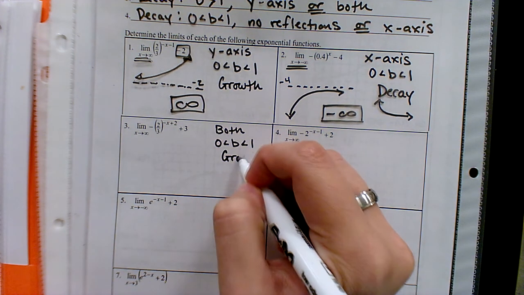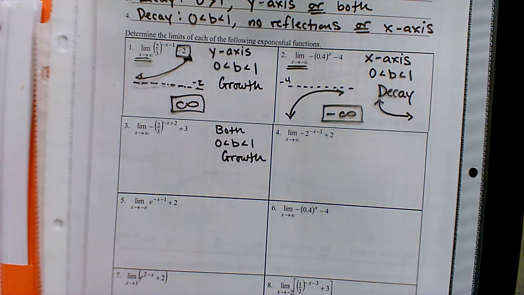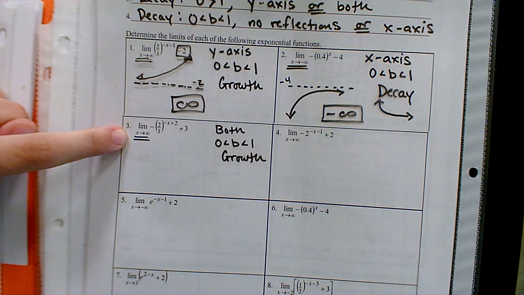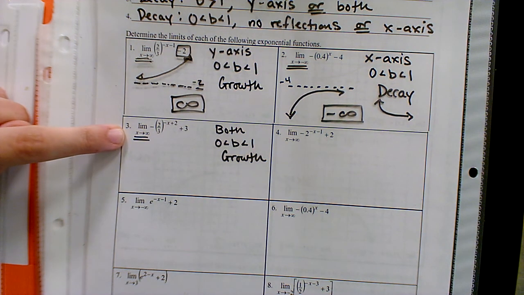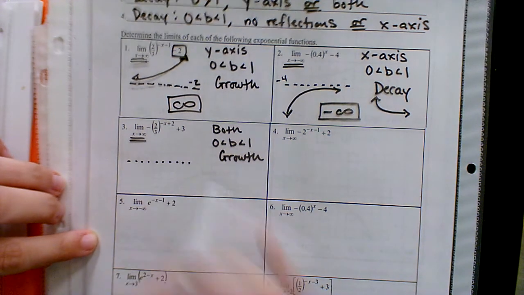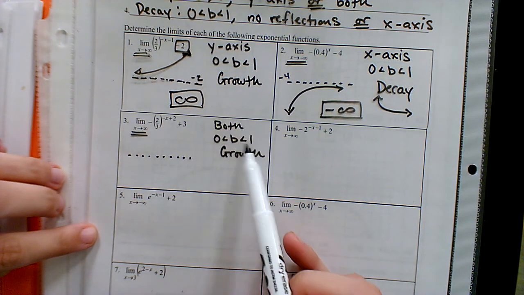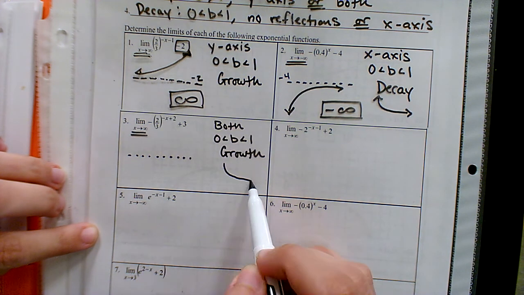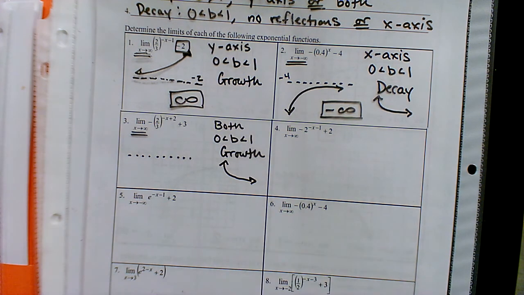Growth. So the further we go to the right, we're either going up or down, away from that asymptote. Now in terms of the limit, we are specifically looking towards the right, so we need to determine what this graph looks like. Are we going up forever or down forever? So let's think about that asymptote. If this is originally a base between 0 and 1, that's a decay graph.